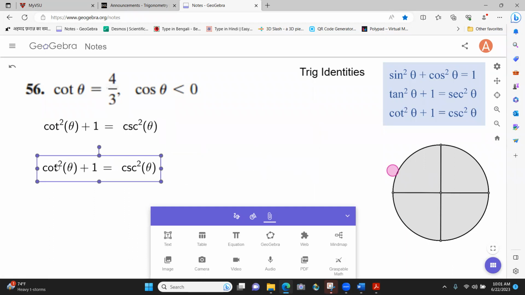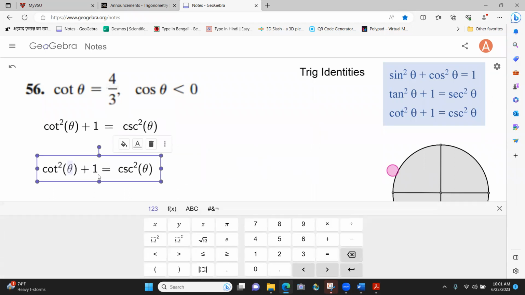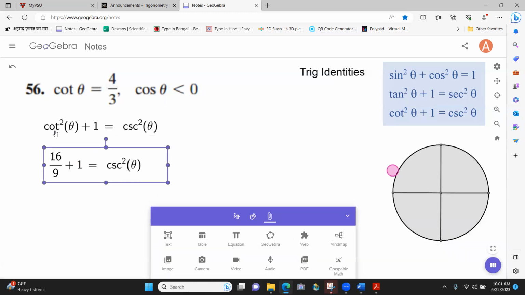So you're going to get 4 squared is 16 over 3 squared is 9. The more you write, the likelihood of making a mistake goes up. And so you don't want to write everything. It's just a suggestion. So hopefully now you understand how cotangent squared theta is 16 over 9, 4 squared over 3 squared.